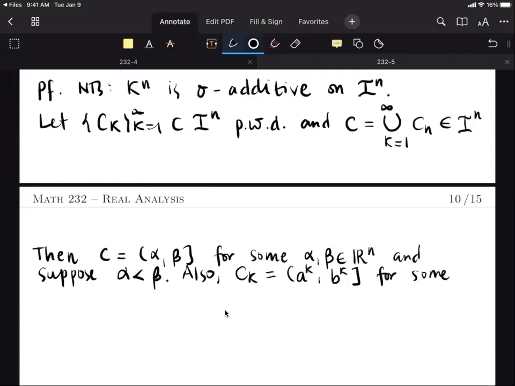So for some A sub k, B sub k in Rn, and suppose, with the same idea, of course, that the left endpoint is strictly less than the right endpoint, because otherwise C sub k would be empty.